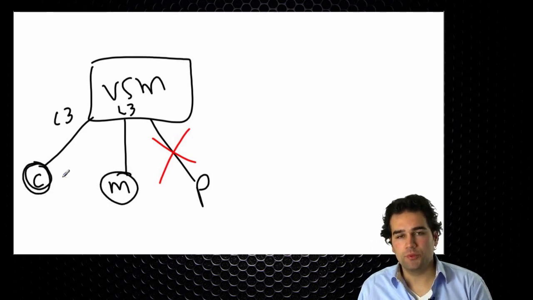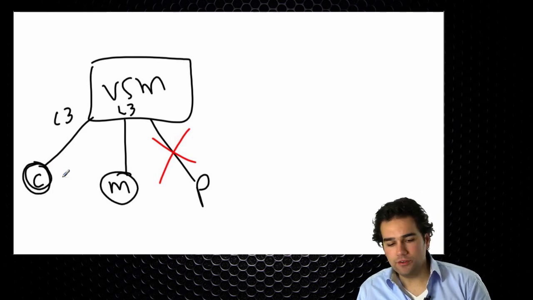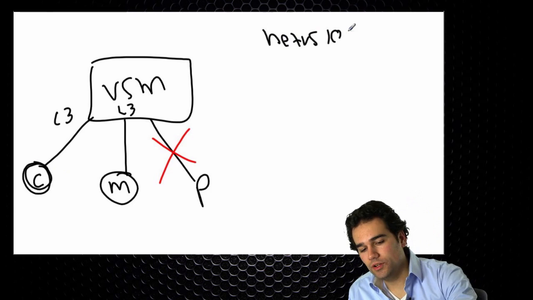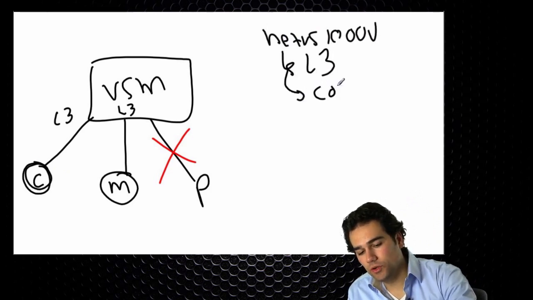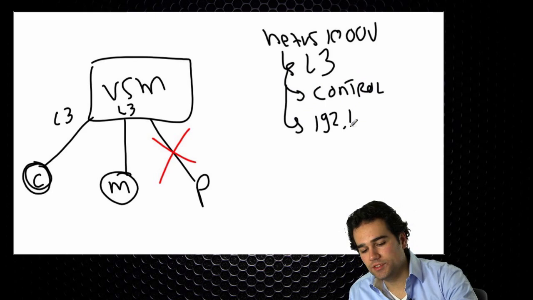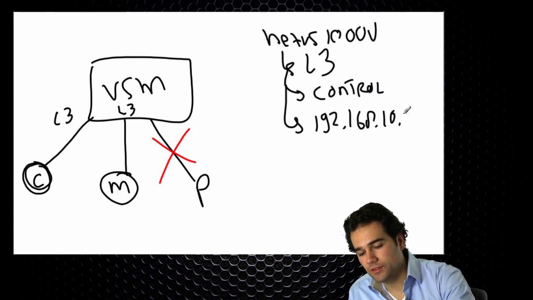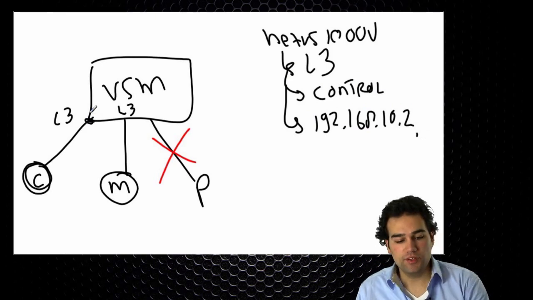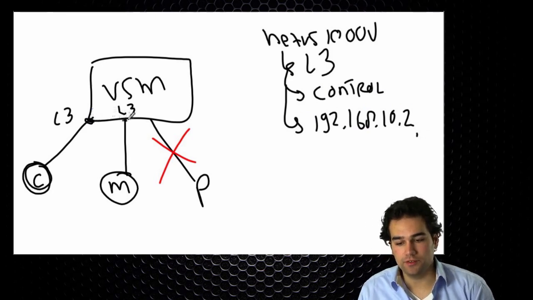So they could mess up your configuration, and they will tell you then the Nexus 1000V is running in layer 3 mode. It's going to use the control interface to do the communication with an IP address of 192.168.10.2. Because this IP address here, I can configure that. The VSM has just an IP address configured here and there.